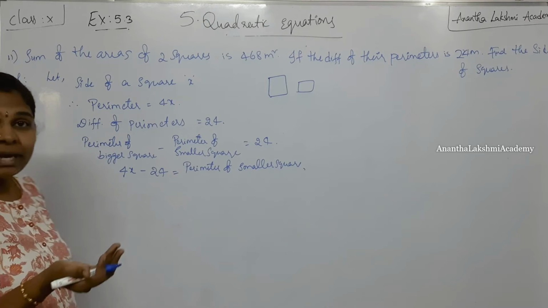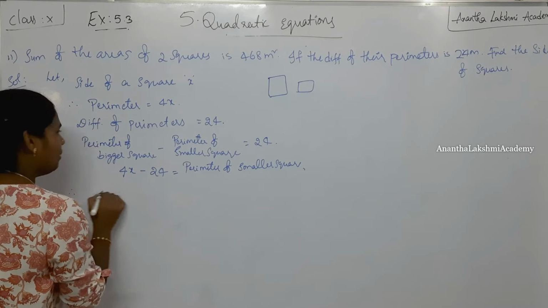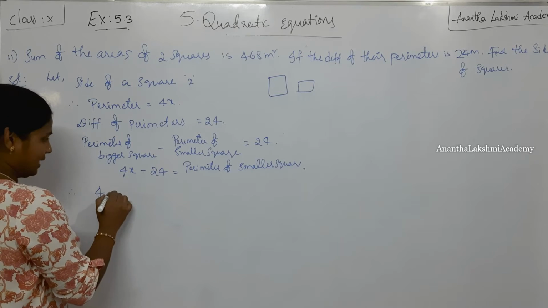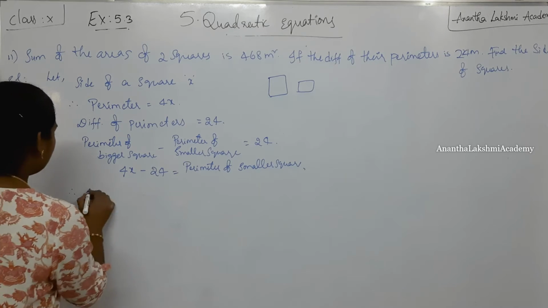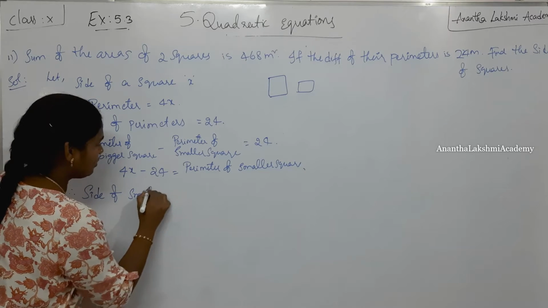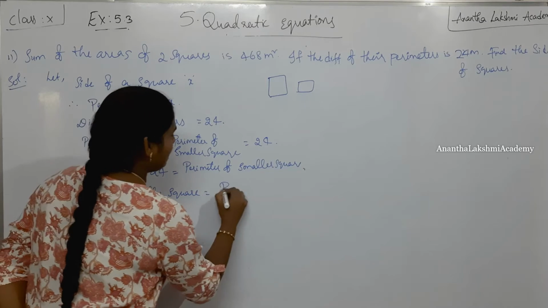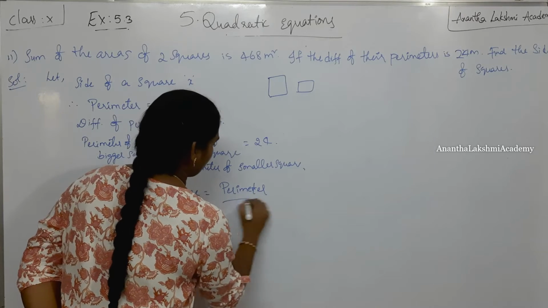Now once you know the perimeter, can you get the side? Yes. So let me get the side. Therefore side of the smaller square is equal to perimeter by 4.